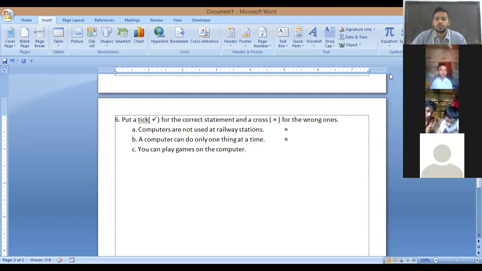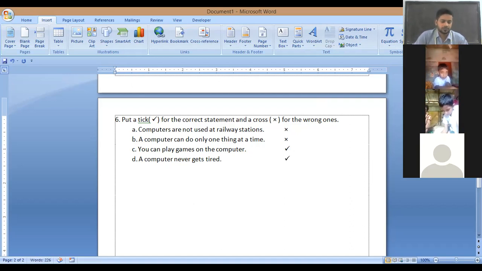So the answer here we are going to put is a tick. Now question number D. A computer never gets tired. Yes, it's a true statement. A computer doesn't get tired. So it will be correct here.